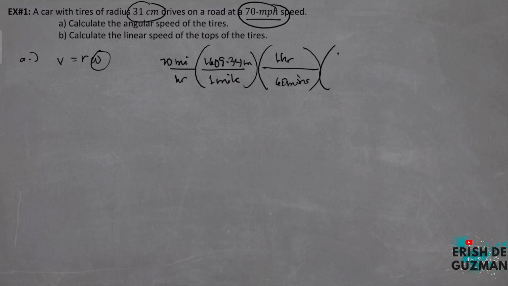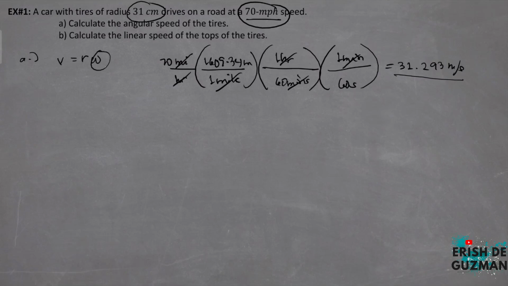Another factor, 1 minute is equal to 60 seconds. Pwede na natin cancel yung mile, yung hour, and yung minutes. And by calculating, 70 miles per hour is equal to 31.293 meters per second.